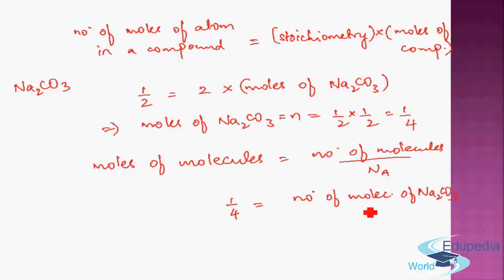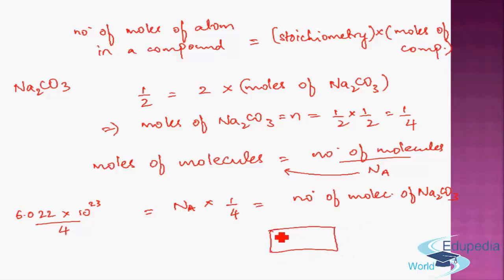That means number of molecules of sodium carbonate will be 1 by 4 multiplied with Na. I simply took this Na on the left hand side. So this will give me the answer as 6.022 into 10 to the power 23 divided by 4. So you can make this division and find the exact answer of the question, how many molecules of sodium carbonate are present inside our container.